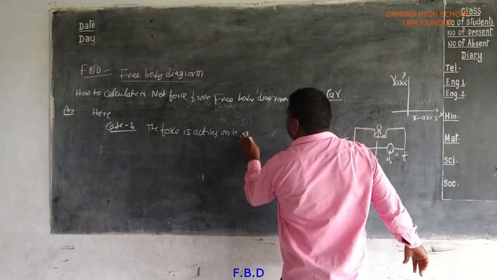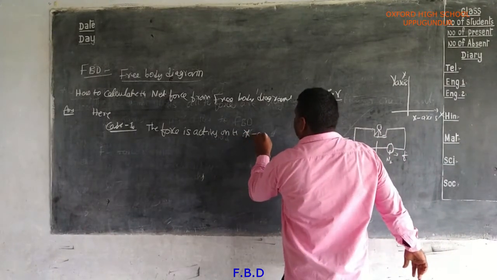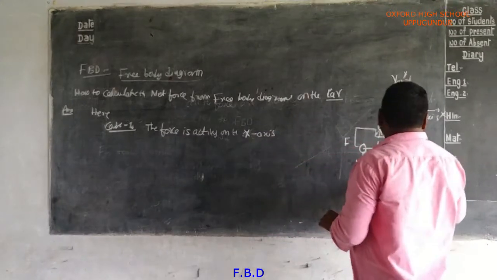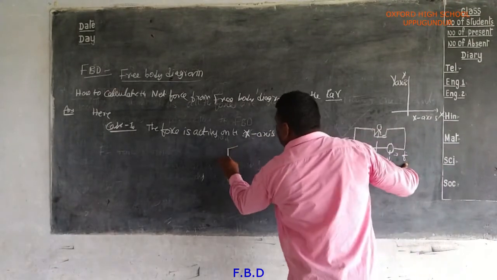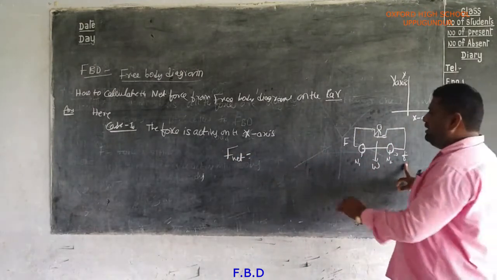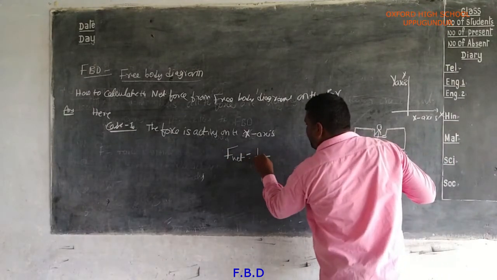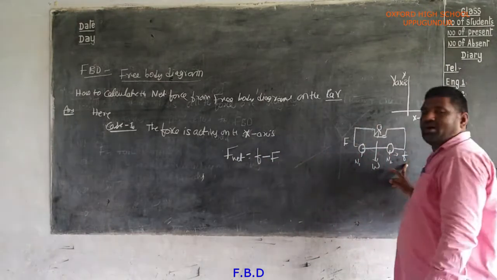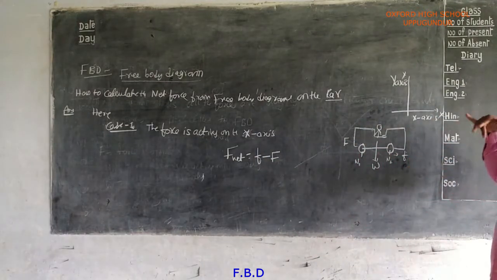F net is equal to small f minus capital F.